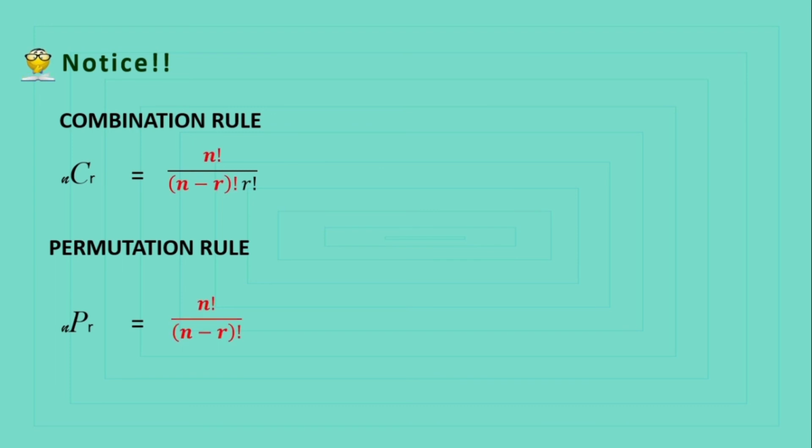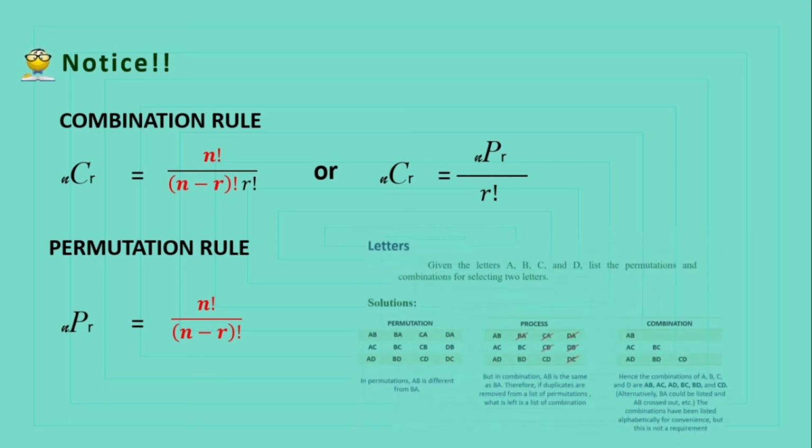Okay, so this is the combination rule and this is the permutation rule. Notice that the formula of combination is the formula of permutation with r factorial in the denominator. In other words, the combination rule is the permutation rule with r factorial, where r factorial divides out the duplicates from the number of permutations as shown in our past example.